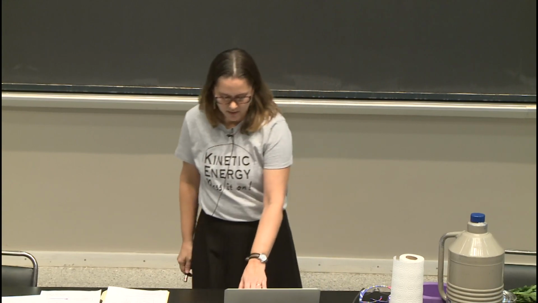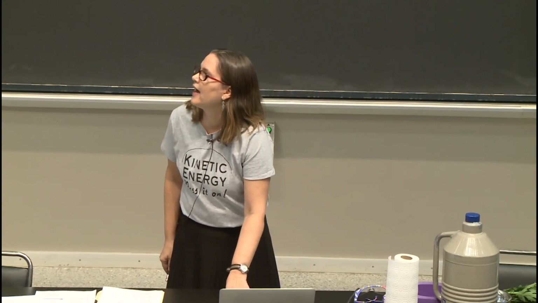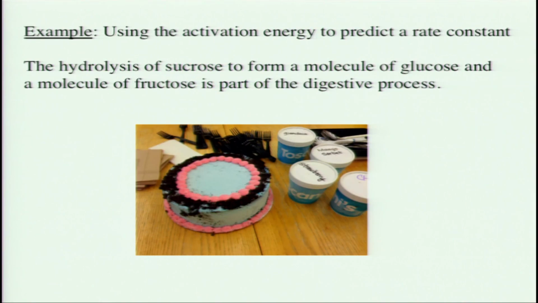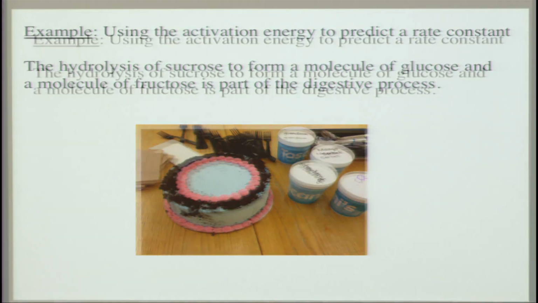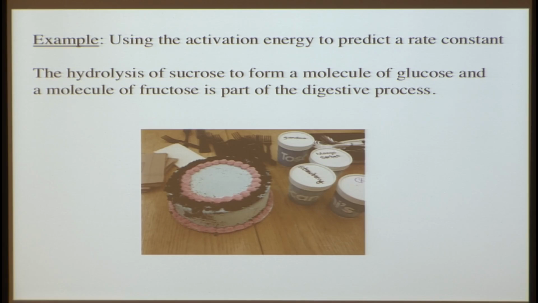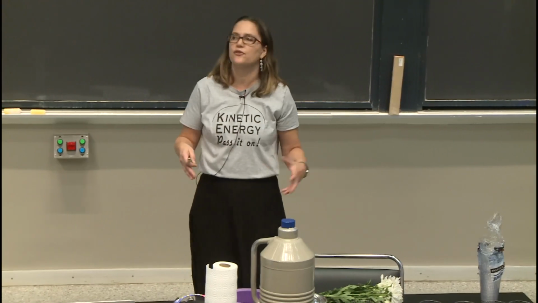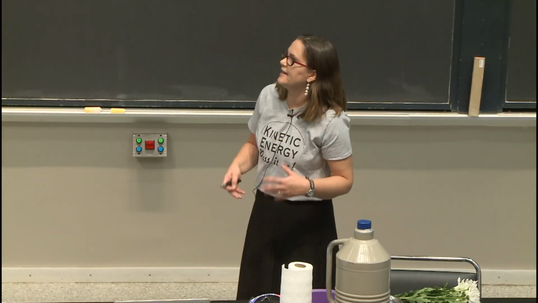So let's look at an example where, given some of the information, we can solve for other things. This is classes at lunchtime, so we can think about the hydrolysis of an average lunch of sucrose to form a molecule of glucose and a molecule of fructose as part of the digestive process. Some of you might have eaten already; you might be digesting sucrose. It comes in many different forms right now.